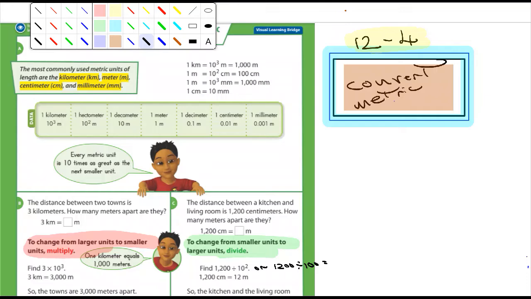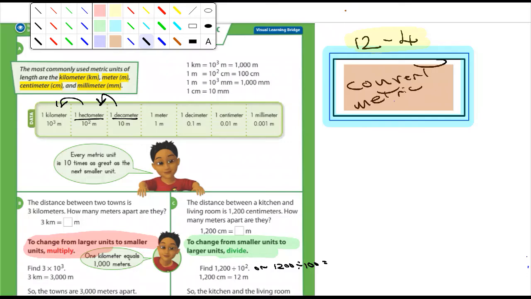But look at this here for a second. Pay attention to this. There are 100 hectometers in 1 kilometer. There's 100 decameters in 1 hectometer.